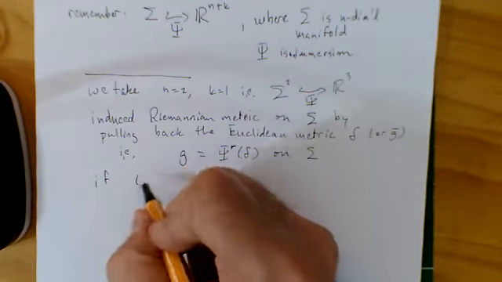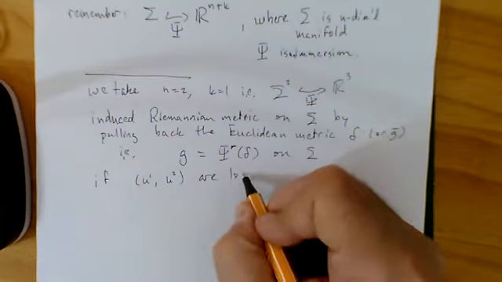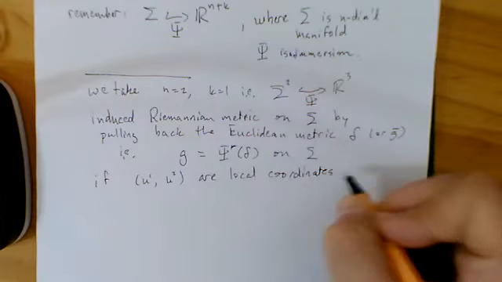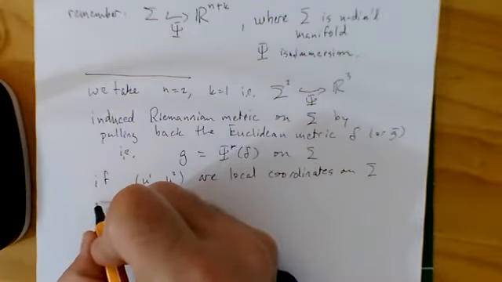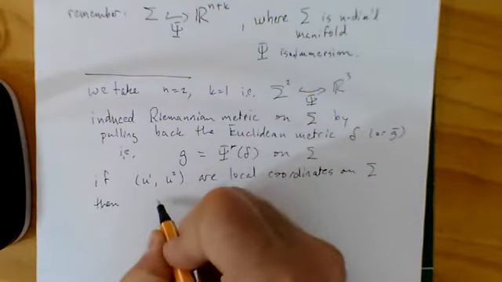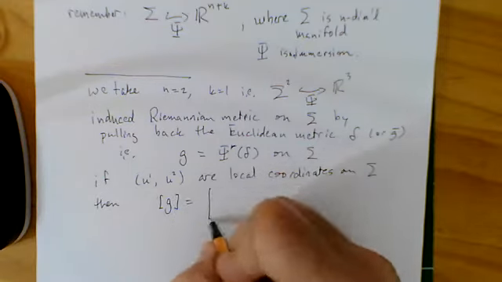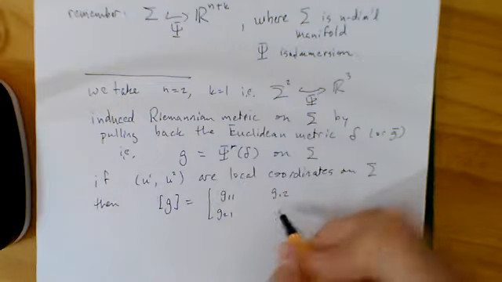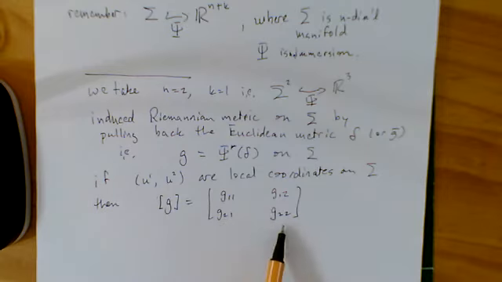If I choose local coordinates, let's say U1, U2 are local coordinates on sigma, then I can write this metric as having components G11, G12, G21, G22.